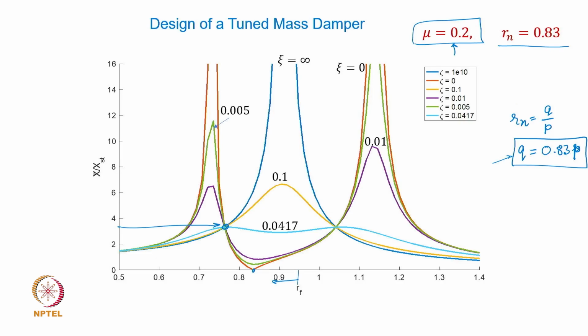But once mu is decided, Rn gets decided based on that, and of course the damping factor will have to be evaluated. Now we have all the time been talking about an appropriate value of mu, and then Rn gets decided, zeta gets decided, but where are they coming from? How are we calculating these values? This is something which we are going to discuss based on the initial expressions that we have got.